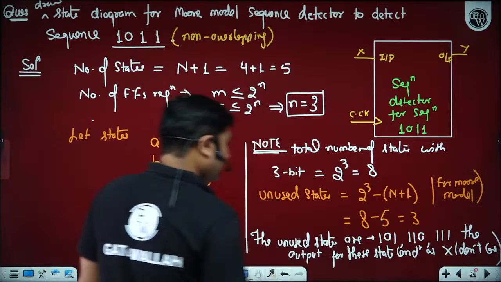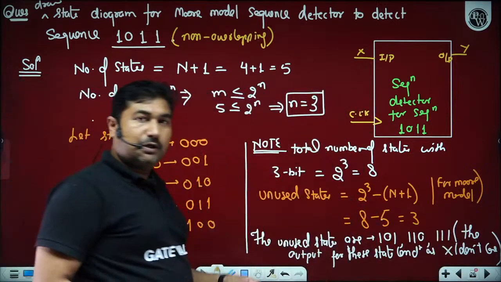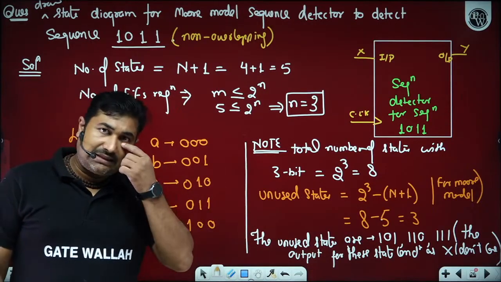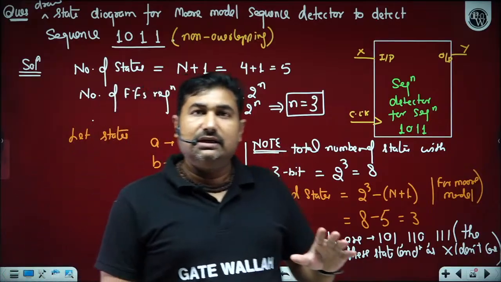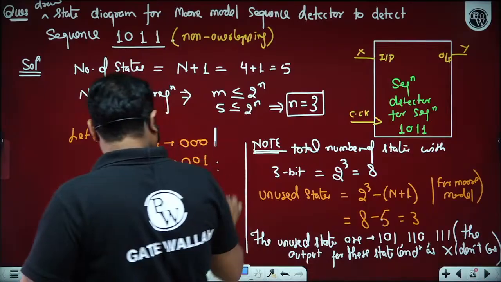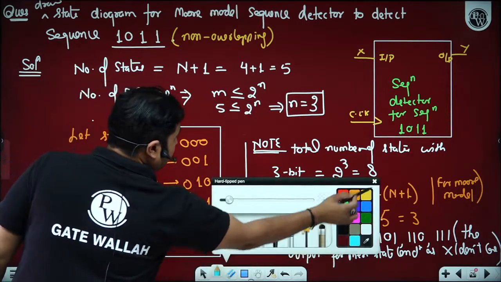How many of you are able to understand? Because these three states are never going to appear, while designing we will consider them don't care. Is it okay? Yes, sir. Now we have only the used states. I am considering these 5 as the used states. Is it okay? Yes, sir.